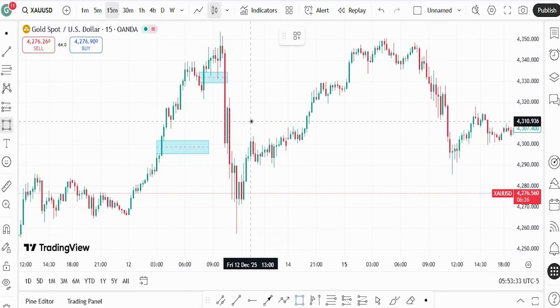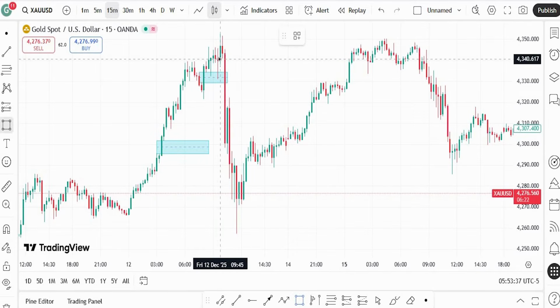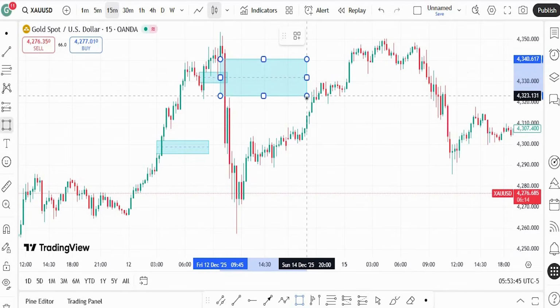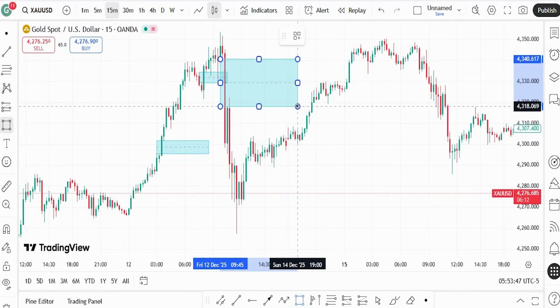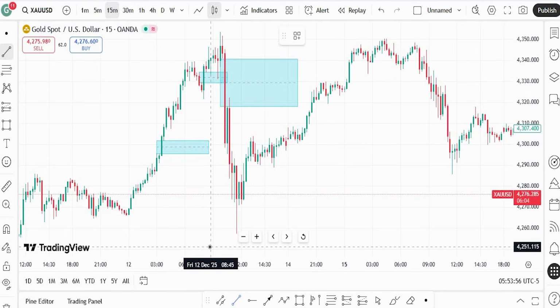Now let me show you an example of SIBI. A SIBI fair value gap is formed from the low of the first candle and extended to the high of the third candle. The in-between candle in both fair value gaps is known as the displacement candlestick.